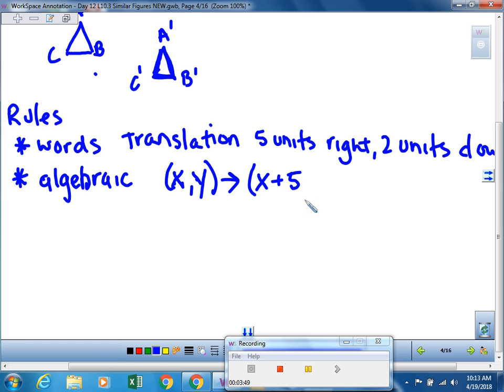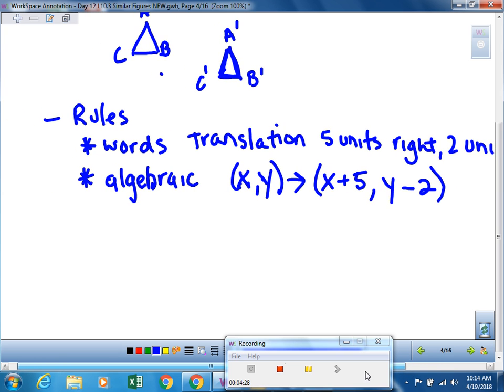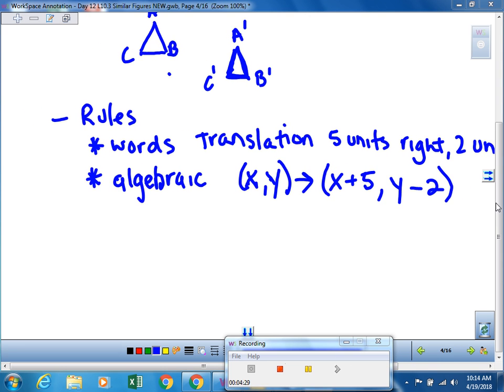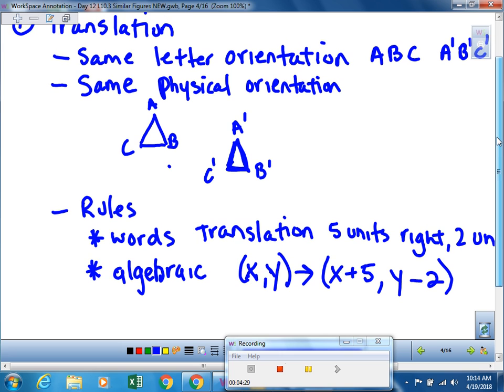Plus 5, and then what am I doing to the y? Minus 2. All right? So, this is your study guide. So, review all of this before the test.